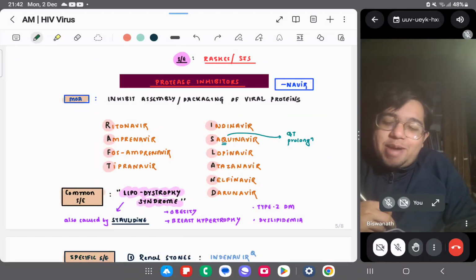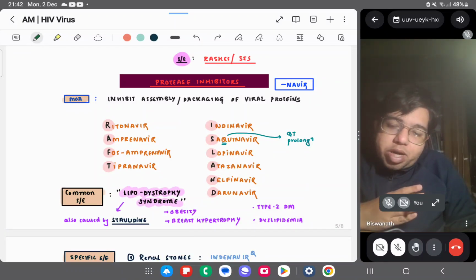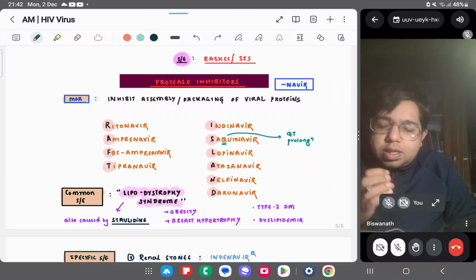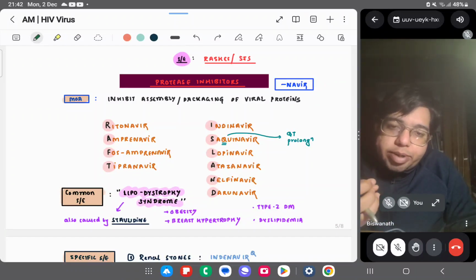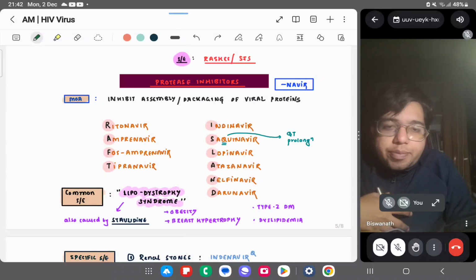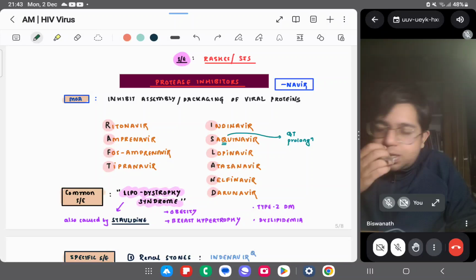Just for entrance examination, focus on remembering this list. Whenever there is a special point about a drug, it is worth remembering, like atazanavir causes hyperbilirubinemia, it causes jaundice.